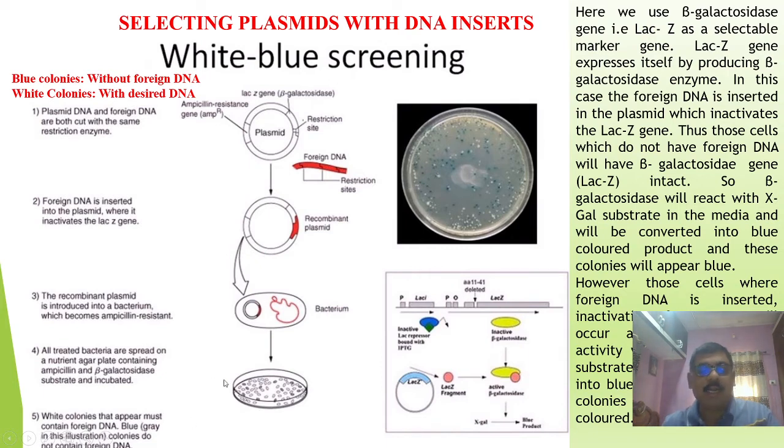And these white colonies are those which have your foreign DNA. In this manner, you can screen the colonies that have our foreign DNA or not. So these are the common methods for screening the colonies.